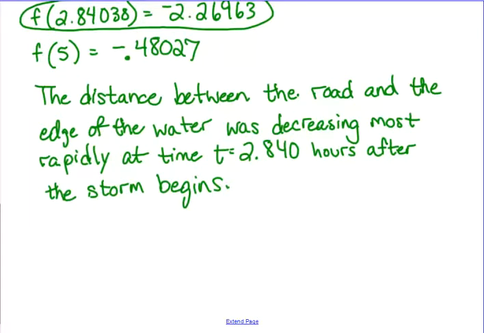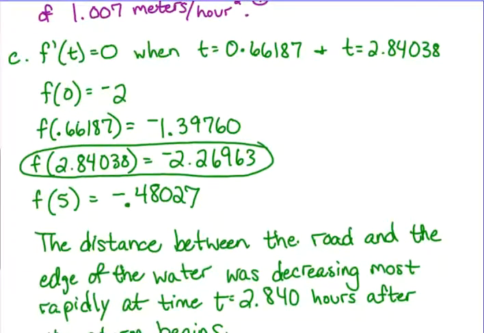So you get 1 point for considering f prime of t equals 0. So even if you can't get past that point, if you can at least come up with the idea, okay, most rapidly, extreme values, critical points, so that's derivative equal to 0. Just write it down. Even if you can't get any further, write that down, okay? On these free response questions, never erase anything unless you absolutely know that it's wrong.